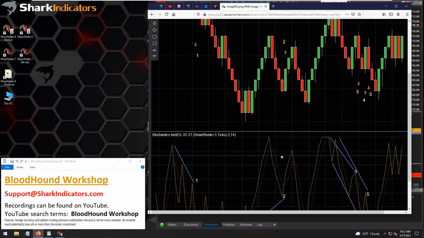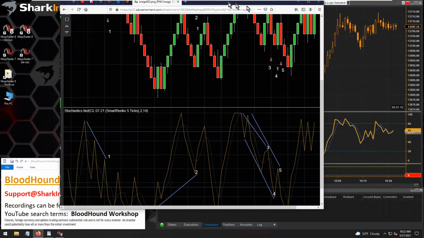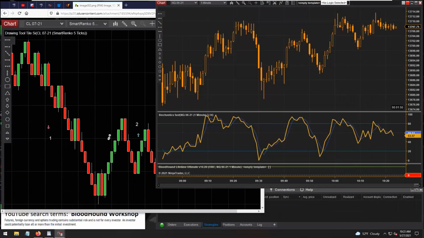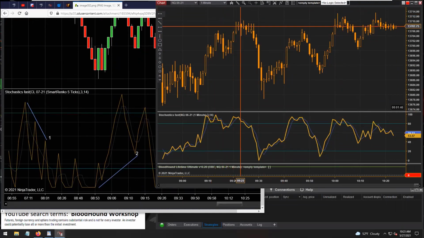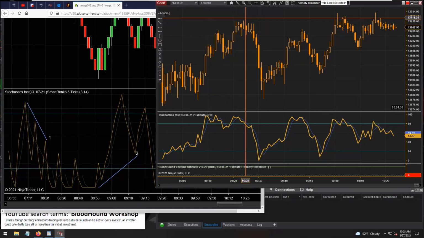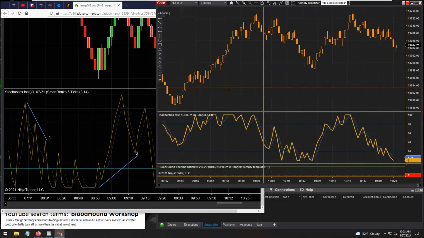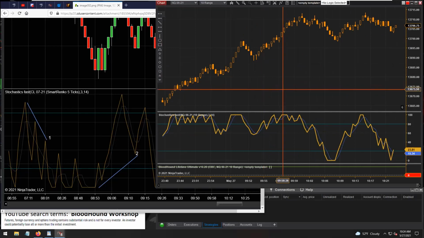So let me get my indicator set up here, and then we can dive into this. Oh, okay. I need to switch to a Renko chart so I can get the stochastics to move rapidly like that. I think this will work. I'm using a 10 range chart here.